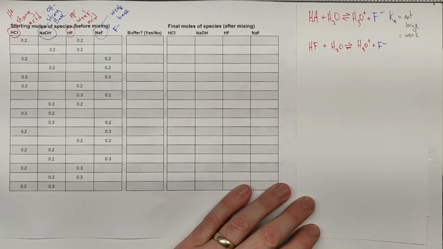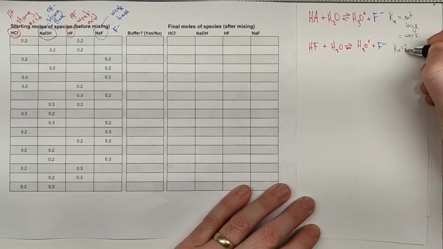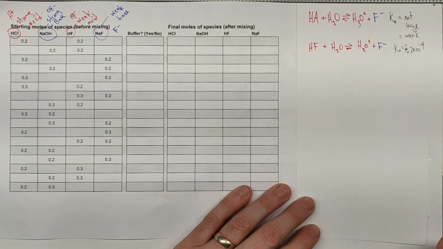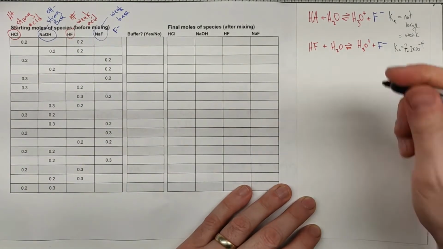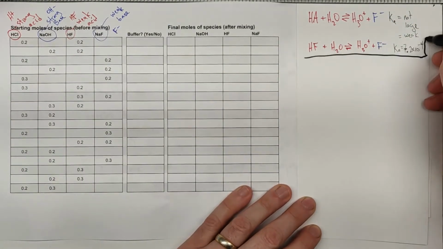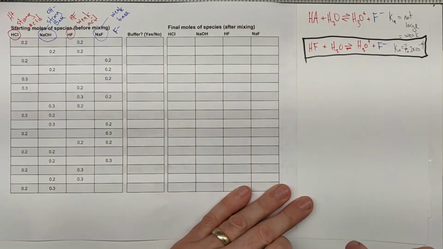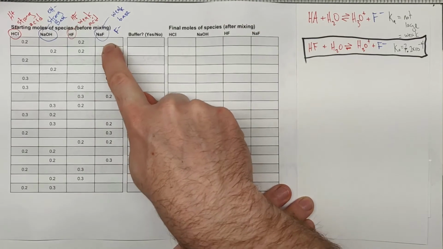Now, in this particular case, our Ka is 7.2 times 10 to the minus fourth. So it's not large. This right here is our buffer system that we're going to be using. And the question is, how can we make that buffer system exist? And hopefully some combination of these things is going to allow that to exist for us.